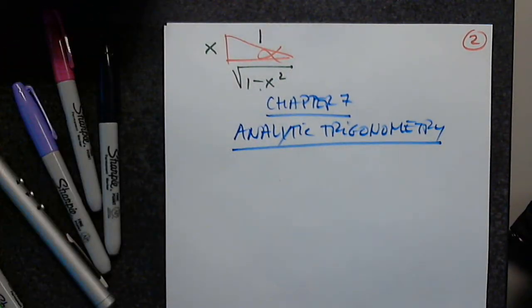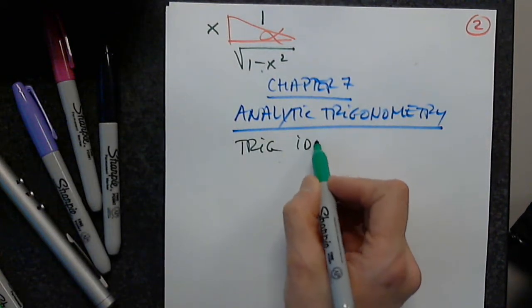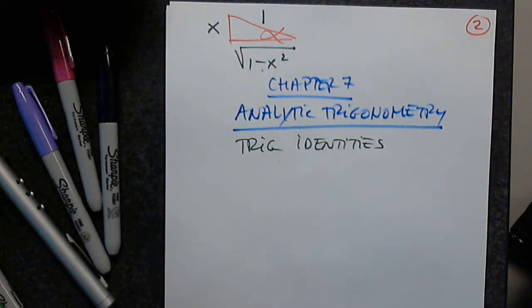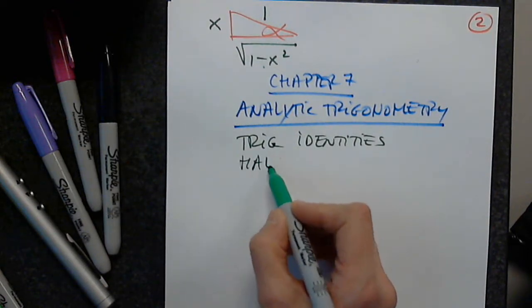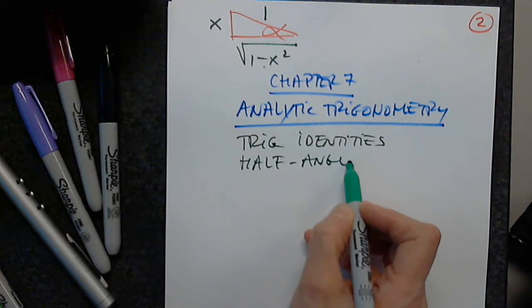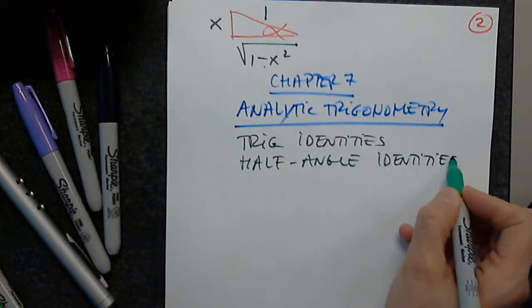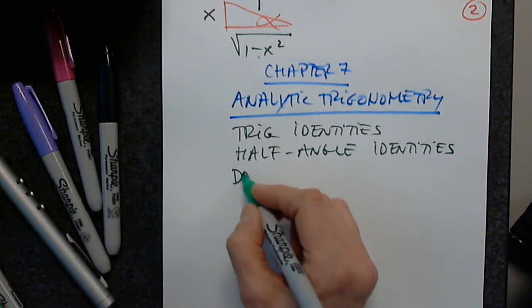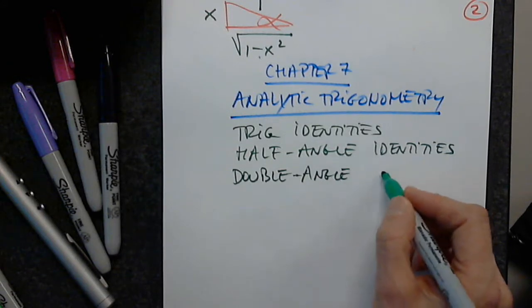Okay. So, few things that we are going to look at here. Trig identities. Half angle identities. I'm just giving you an idea of what to expect. Double angle identities.